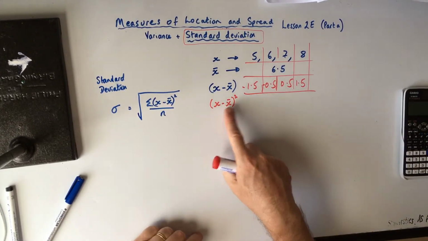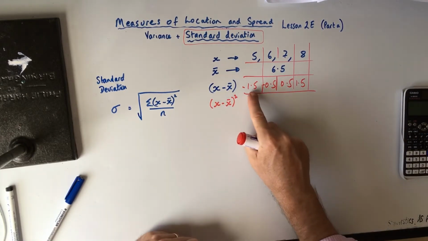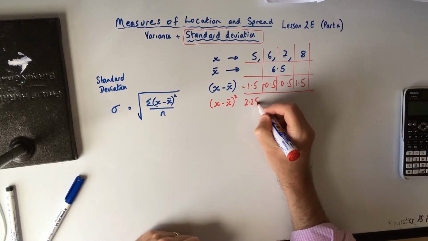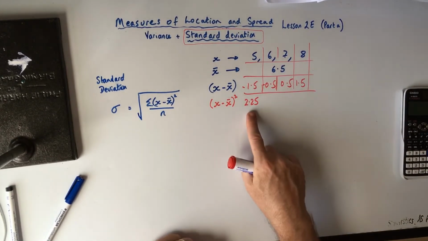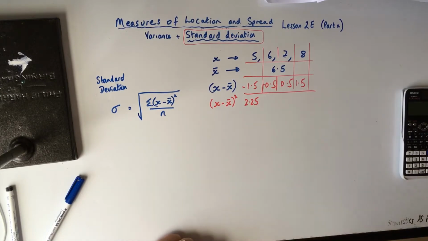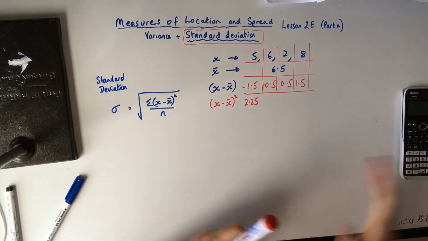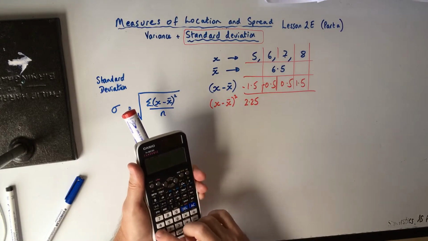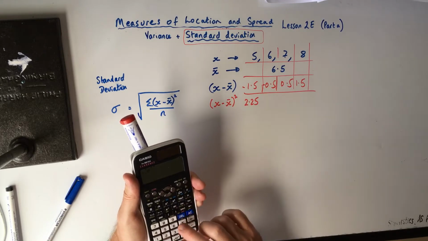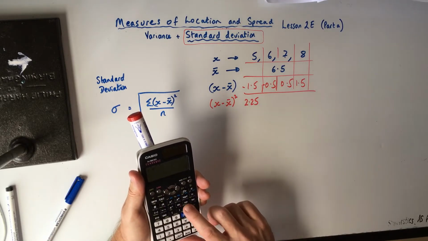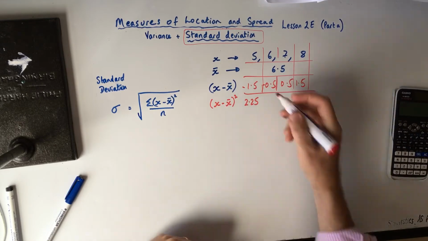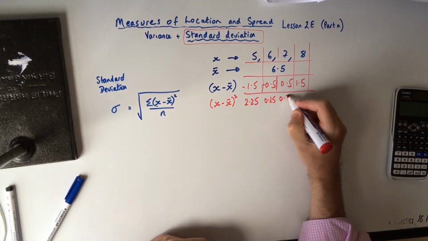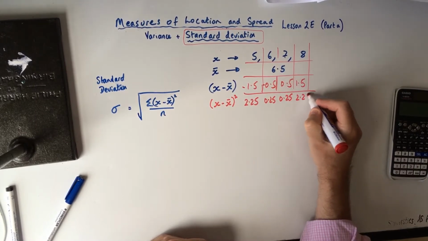So 1.5 squared is 2.25, and minus 1.5 times minus 1.5 is also 2.25. 0.5 squared, and minus 0.5 squared, is 0.25 each.